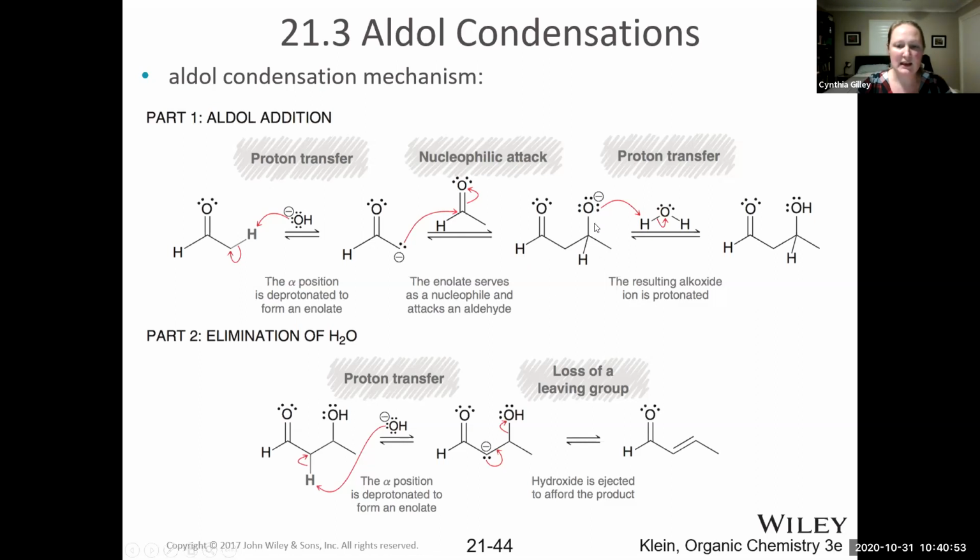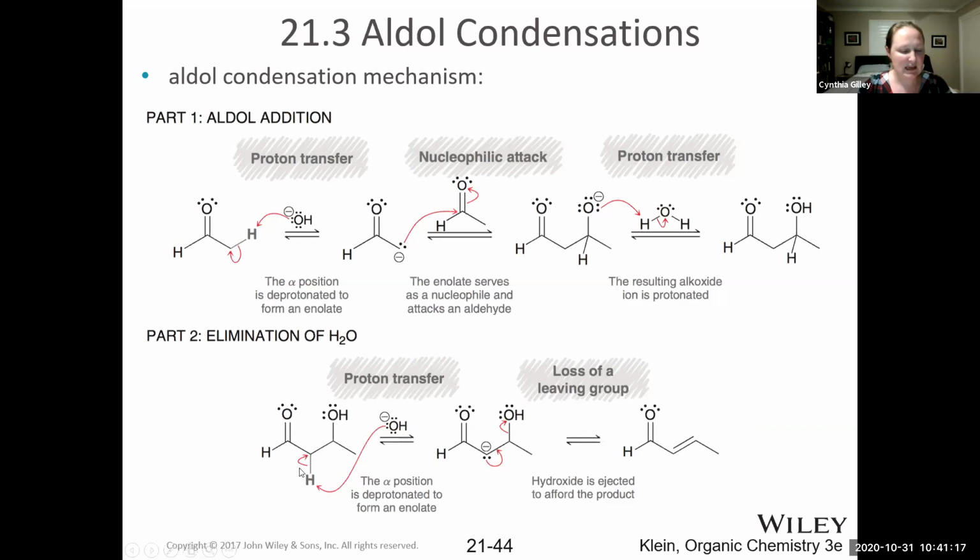That leads to a beta alkoxide, which can be protonated using water, resulting in the beta hydroxy aldehyde product.